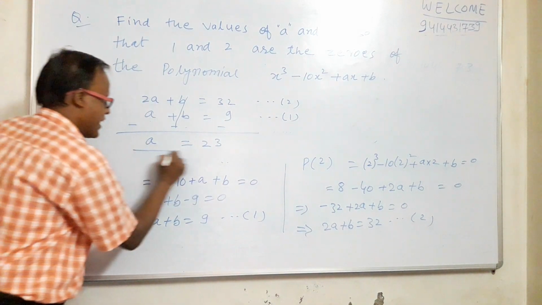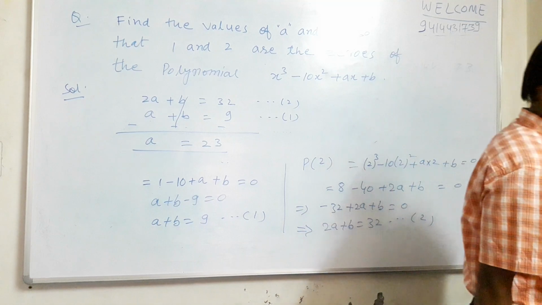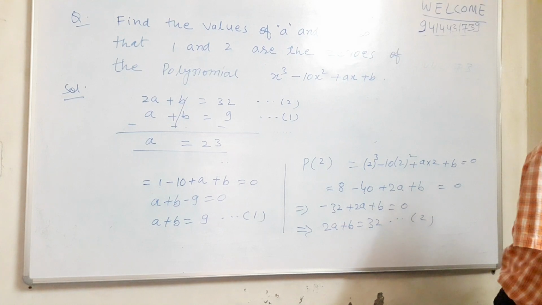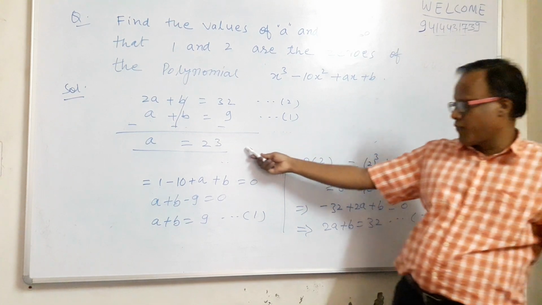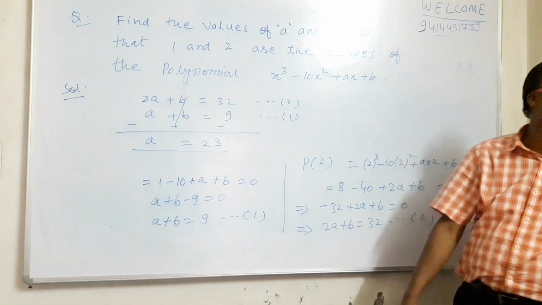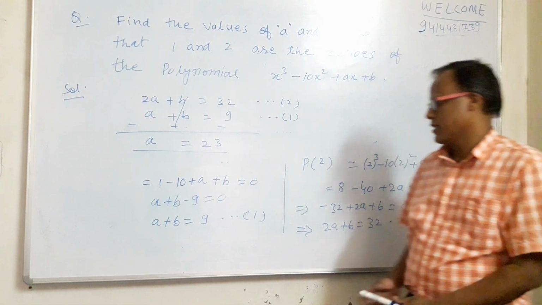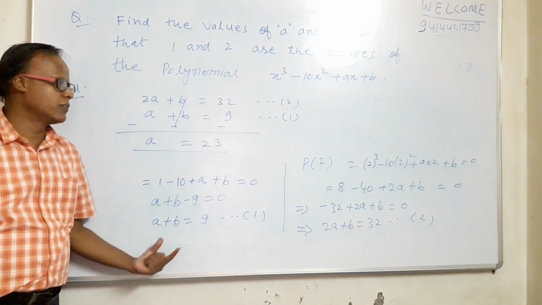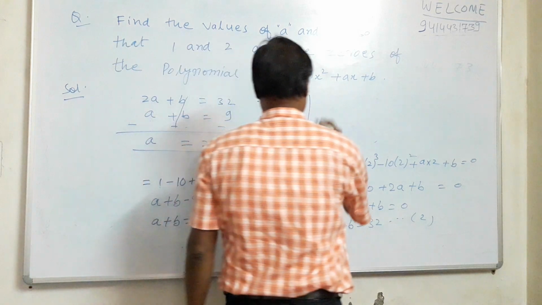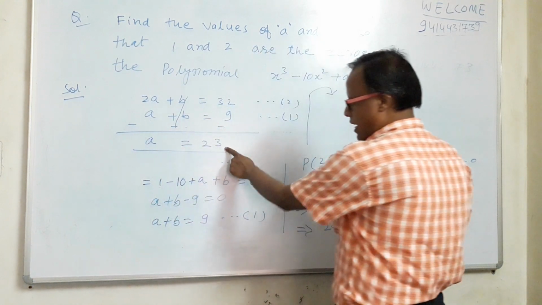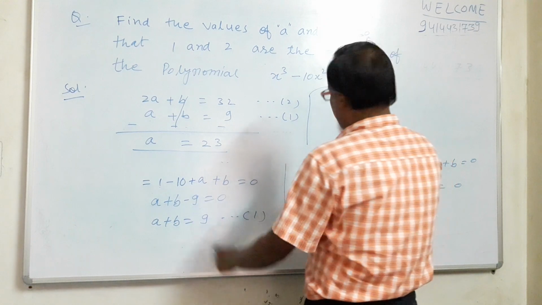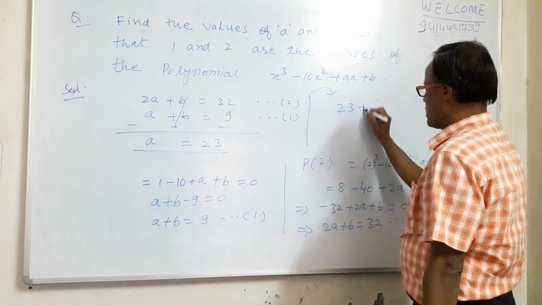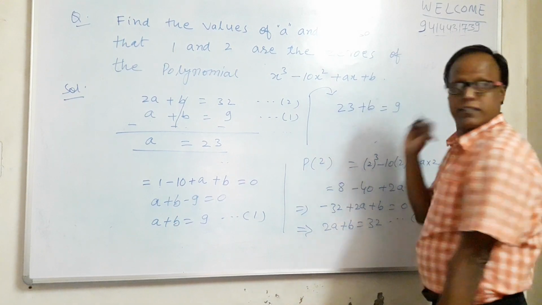So the value of a is 23. How much did the value of a come out? 23. Now put this value of a in equation number 1 and we get the value of b. Substituting the value of a in equation number 1, in place of a I write 23 plus b is equal to 9.